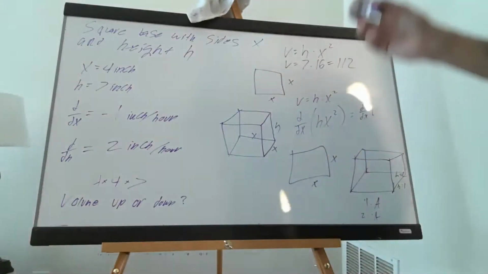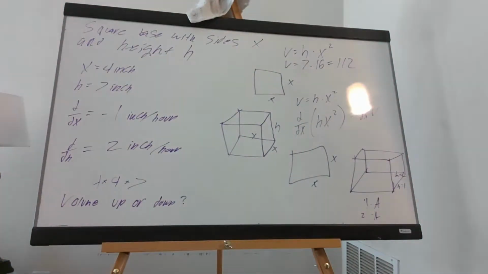So h is going to be the change of x. H and x are directly related, because x is changing down 1 in area, but h is going up 2.